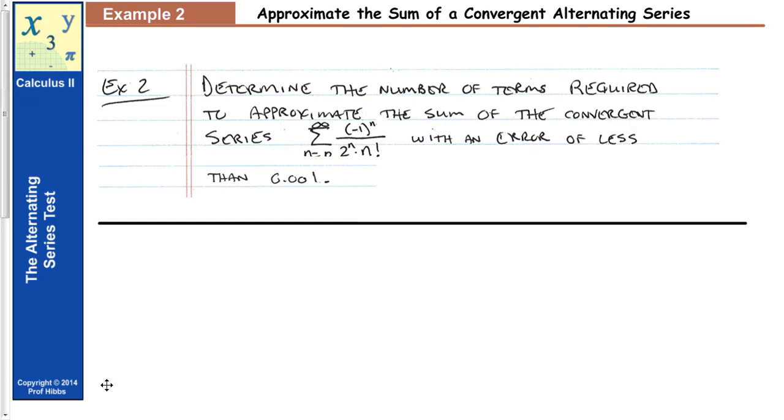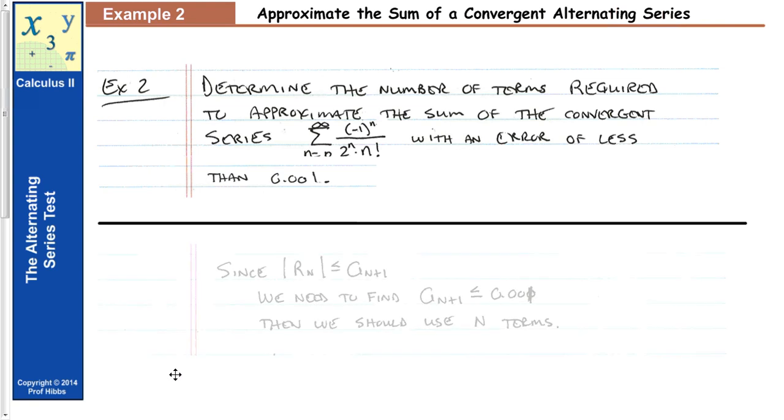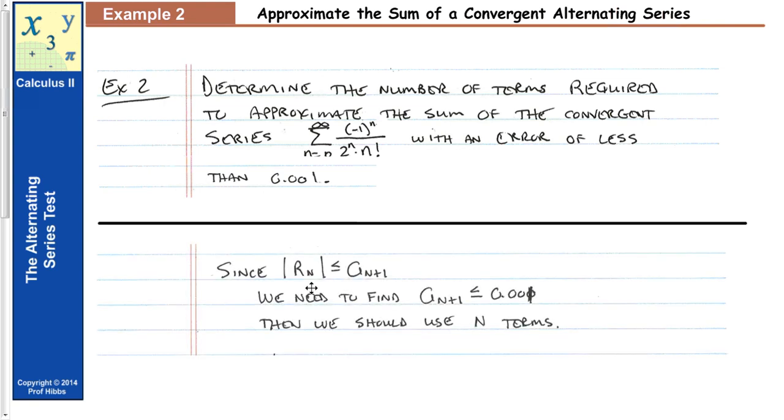Similar but different. Determine the number of terms required to approximate the sum of the convergent series, as you see listed there, with an error of less than 1/1000th, 0.001. So we're assuming that the series is convergent by the way the problem is asked. So remember, since the error amount, the remainder, if we take the absolute value of the error amount, it's always going to be less than or equal to A sub n plus 1.